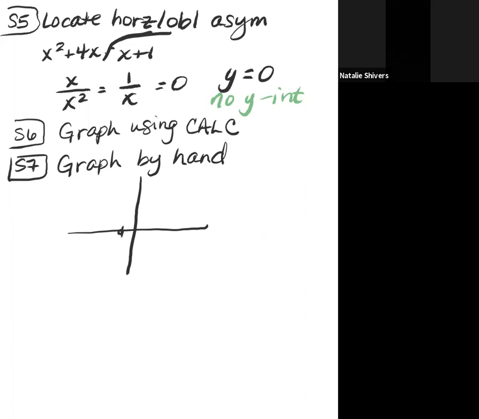We know that we have a vertical asymptote at 0. We know that we have a vertical asymptote at -4. And we have a horizontal asymptote at 0.